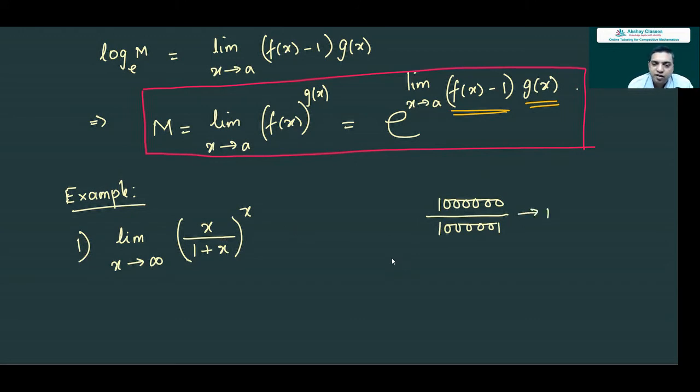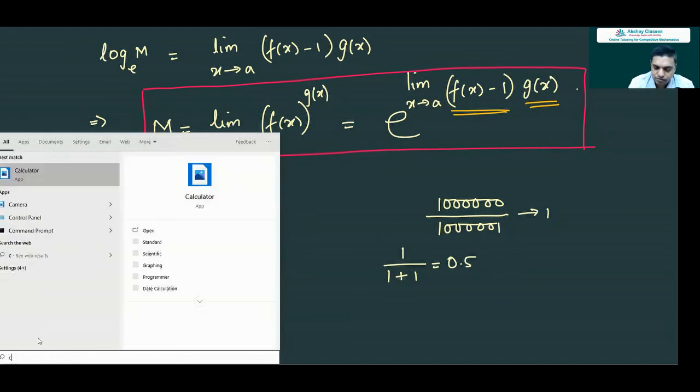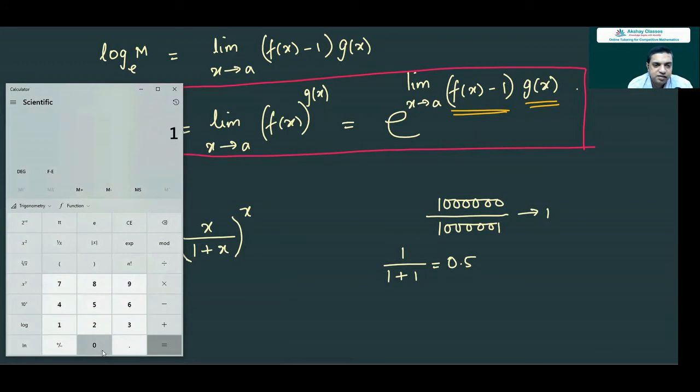Initially, it will be different. Say, if x is 1, it will be 1 by 1 plus 1, which will be equal to 0.5. But when x becomes larger, see this. It is going to 0.9999.